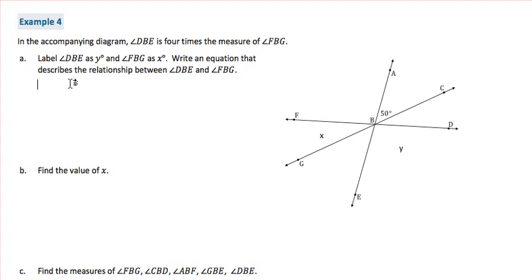Keeping in mind that they told us DBE, which is Y, is equal to 4 times the measure of FBG, which is X. So Y is equal to 4X.